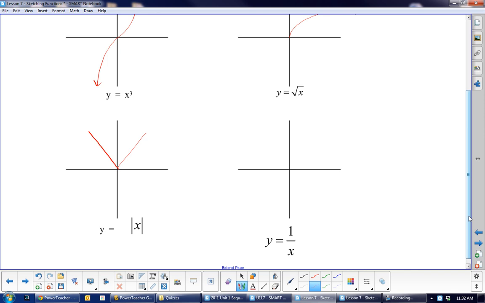Okay, and then what does 1 over x always look like? Well, in this case, you'll have a vertical and horizontal asymptote.